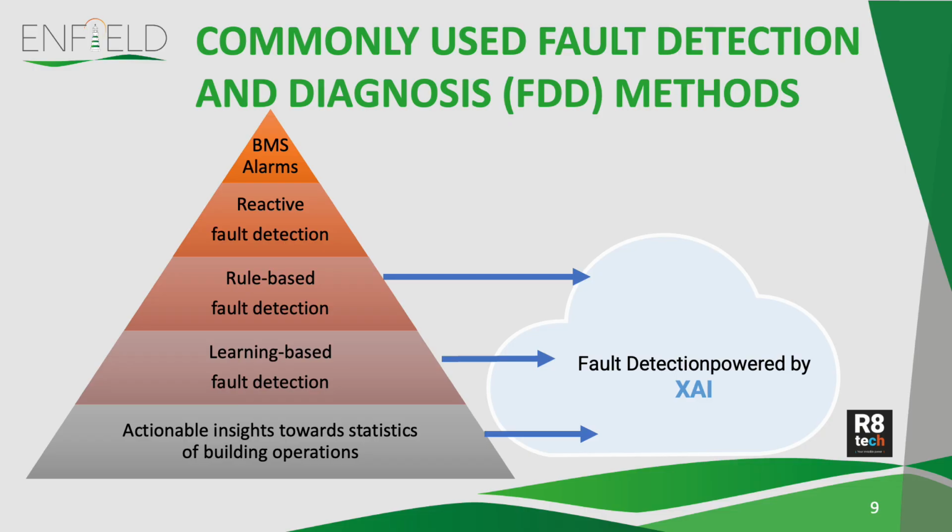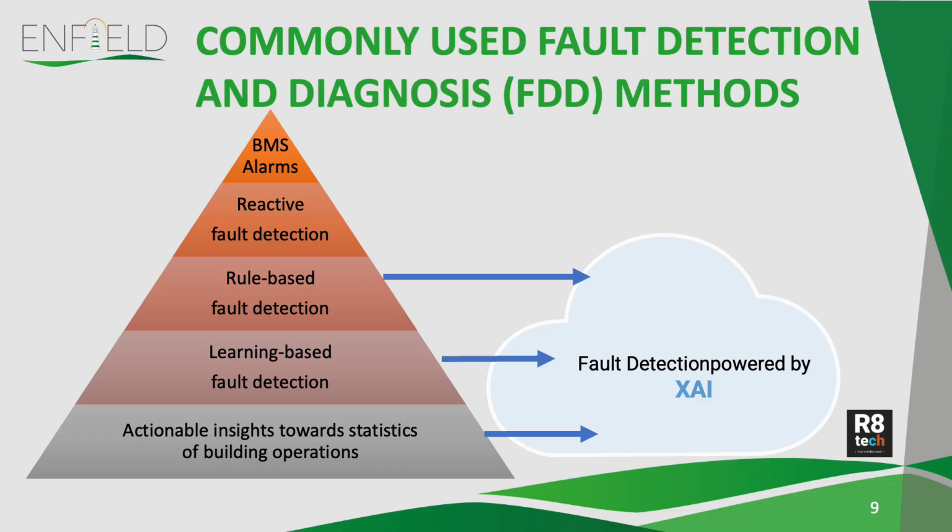We have to react proactively. Reactive fault detection is also not about artificial intelligence. We react when we see that something doesn't work. For example, temperature is not rising, it's cold in the room, so heating system doesn't work. So we can see it, we can feel it.